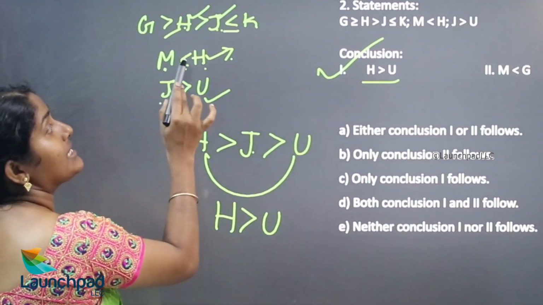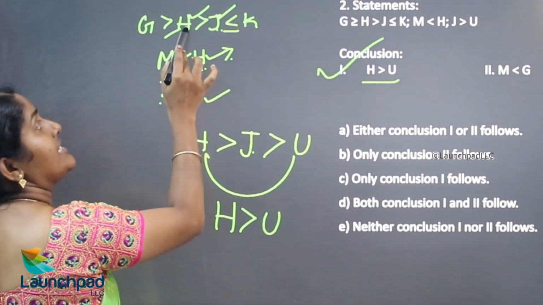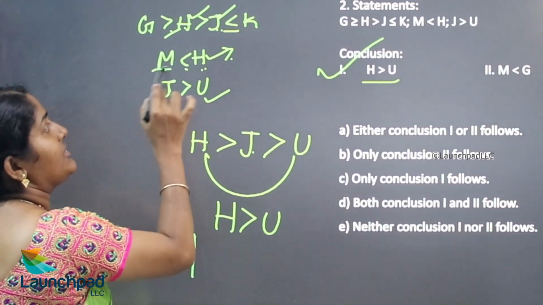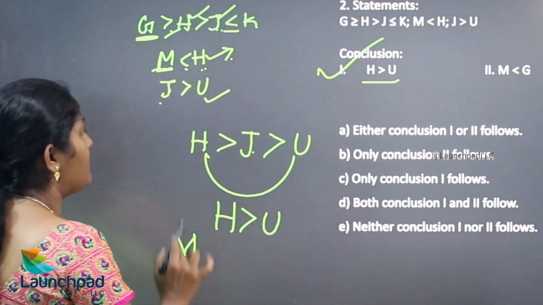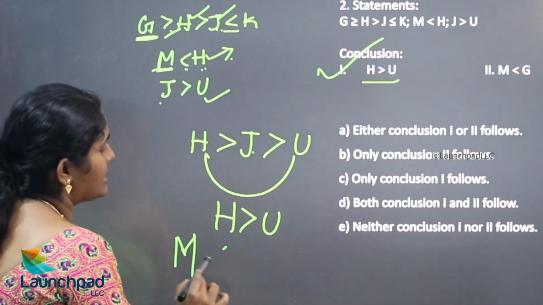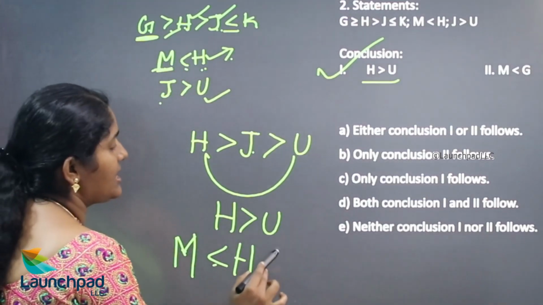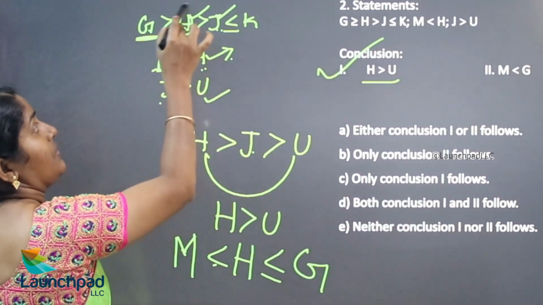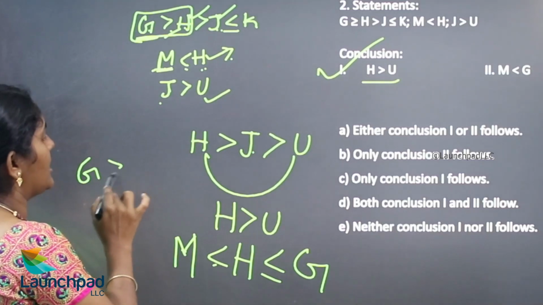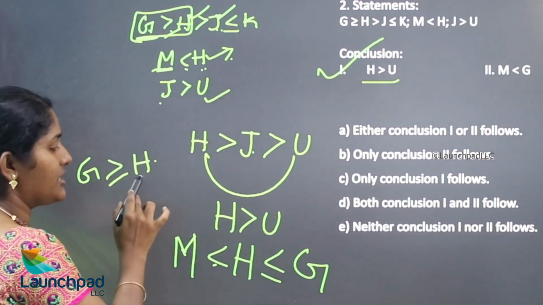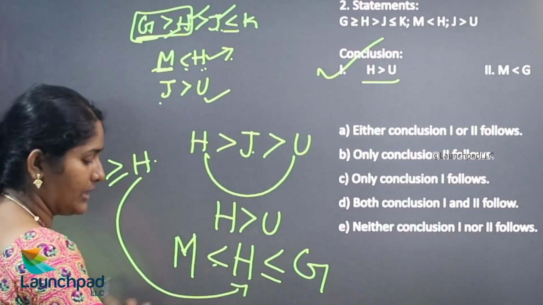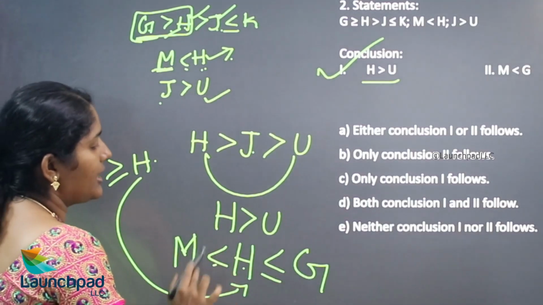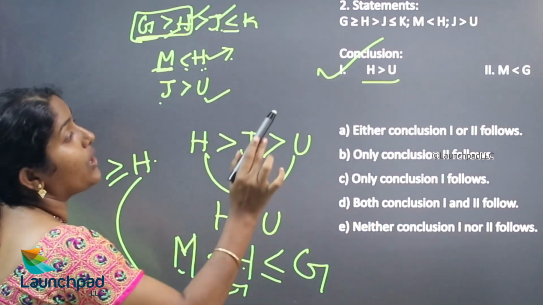Now M is less than H, and H is less than or equal to G. I want to compare M and G here. G is greater than or equal to H will be written as H is less than or equal to G. So according to this, what is your conclusion?